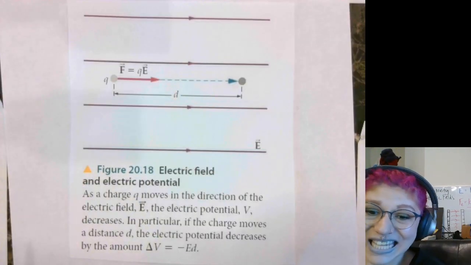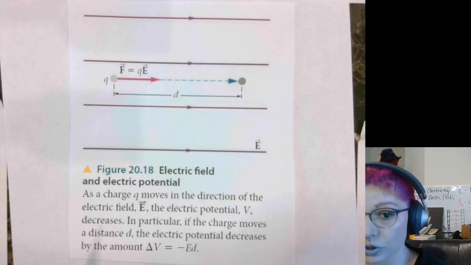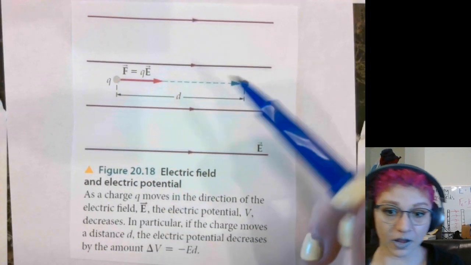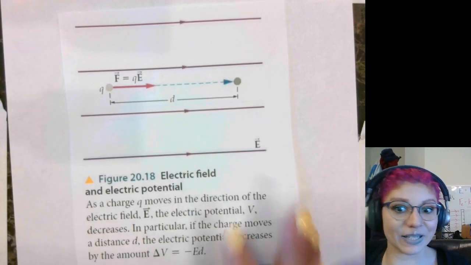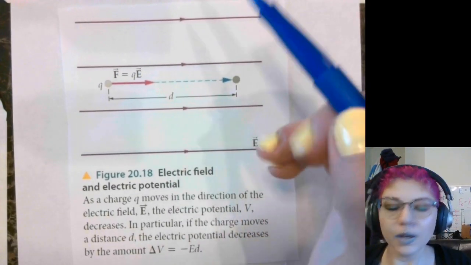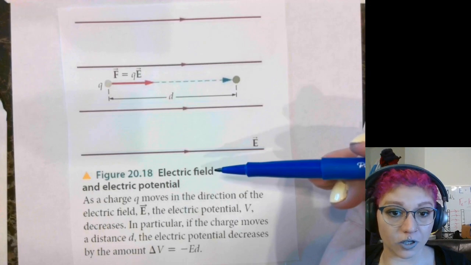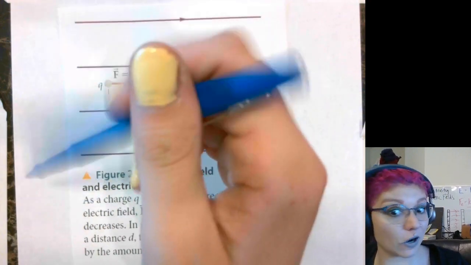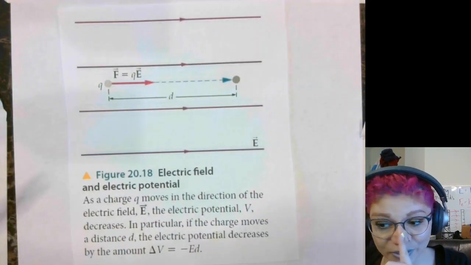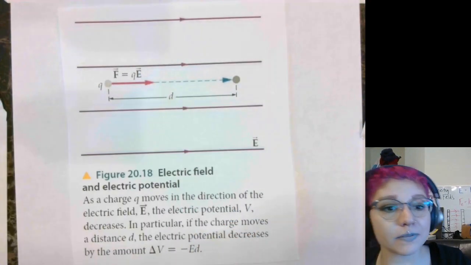Let's link this idea of the electric potential to the electric field, though, right? So we're synthesizing all these ideas together. In this diagram, we have an electric field, so it's traveling from left to right. So we can say that there's a positive charge on the left because the electric field is radiating outwards.